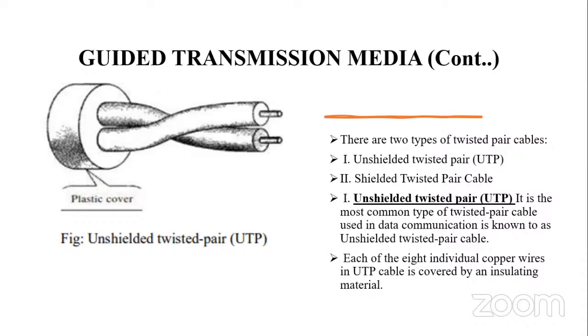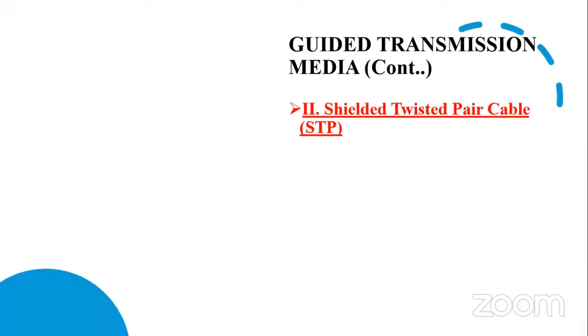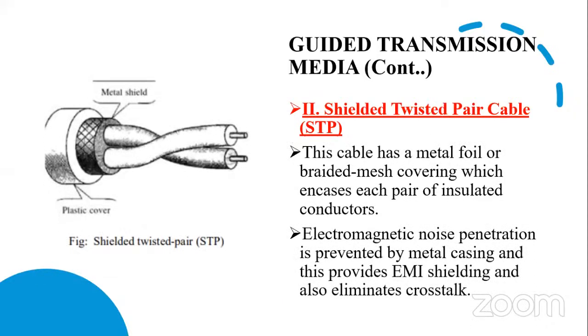There are high chances for noise generation and crosstalk disturbances. Whereas in this shielded twisted pair cable, for each 2 cables, that means for each pair, there will be a metal shield. That metal will protect that particular pair from the noise and crosstalk from the other pairs of the cables.